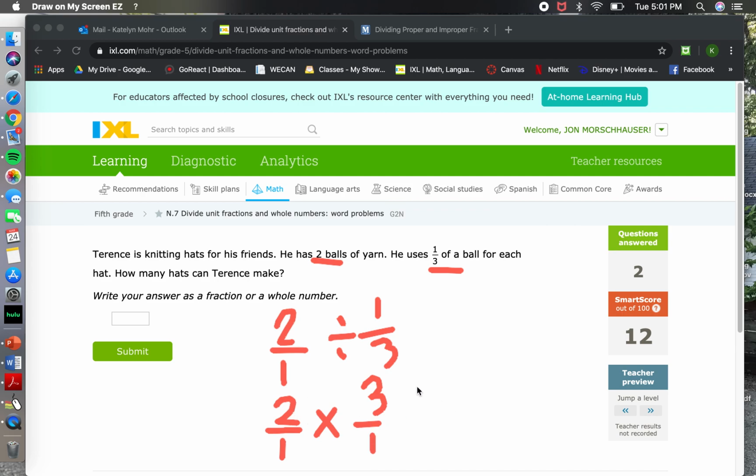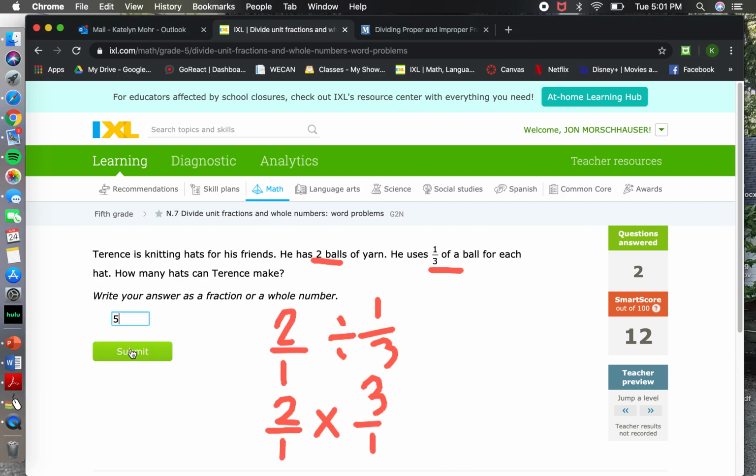And then we'll multiply across. So 2 times 3 is 5, 1 times 1 is 1. So 5 over 1, or just 5. Oop, not 5. My bad. 6, because we multiplied. 2 times 3 is 6, so 6 is our answer.